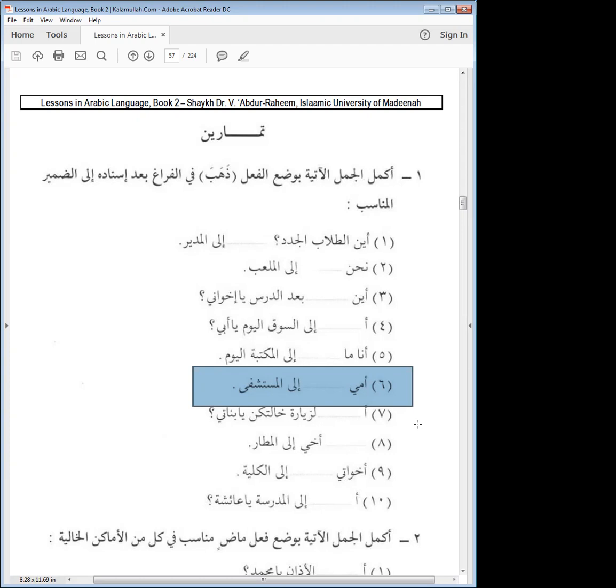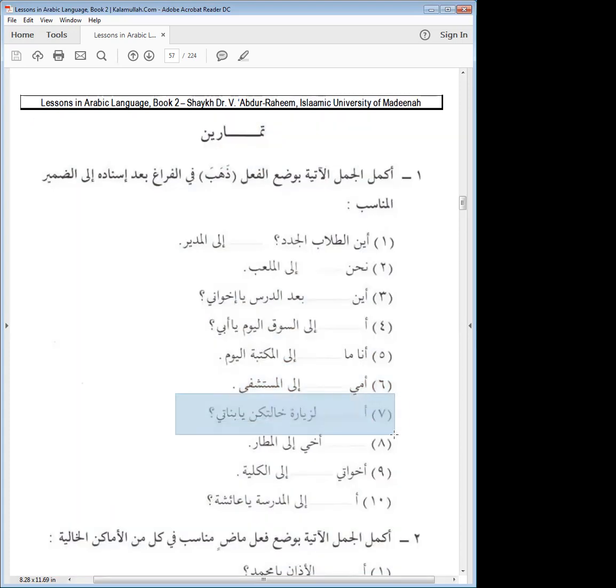So here is Ummi, my mother, something ila al-mustashfa. أمي ذهبت إلى المستشفى. نعم. Right? My mother went to the hospital. Right? So use the third person, feminine, singular in this case.